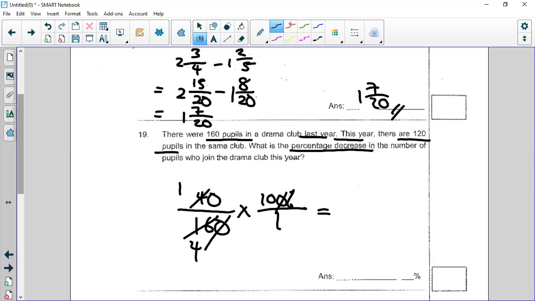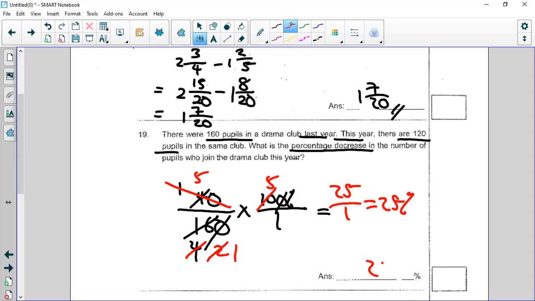Then you continue to cancel some more, and then 4 can divide by 2, and 10 can divide by 2. And then you can divide some more. 2 divided by 2 is 1, and then 10 divided by 2 is 5. So 5 times 5 is 25, 1 times 1 is 1, and you will get 25%.